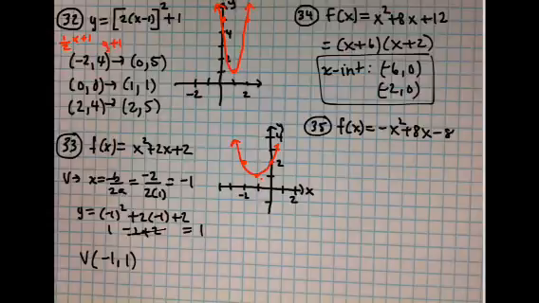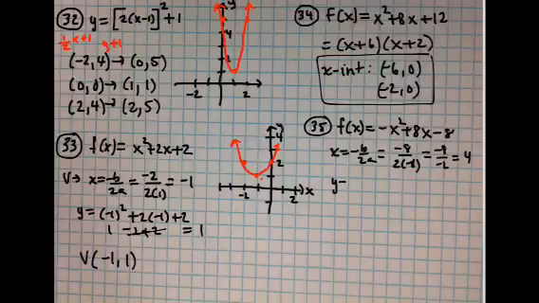Alright, so for 35, they want it in vertex form. Right now it's in standard form. So we are going to find the vertex. So you could do it like we did on number 33, where we use the x-coordinate is -b over 2a. So that would be -8 over 2 times -1. So -8 over -2 is +4.